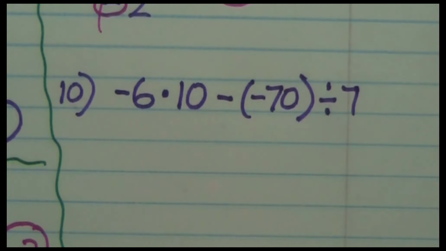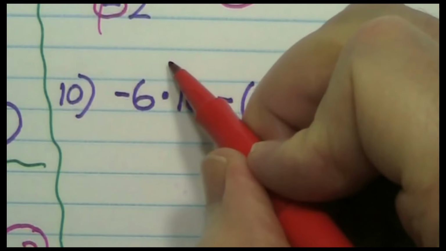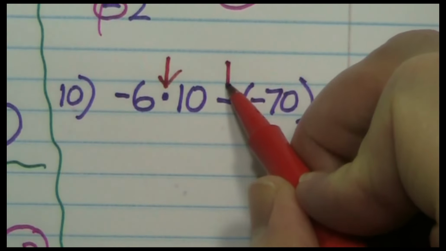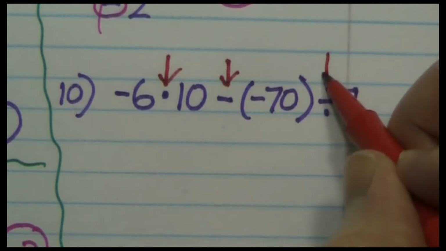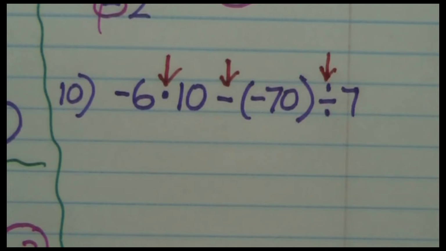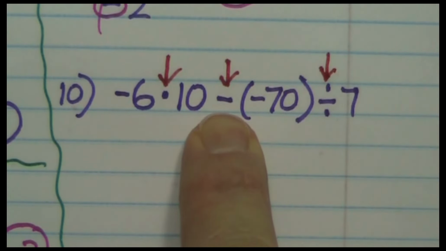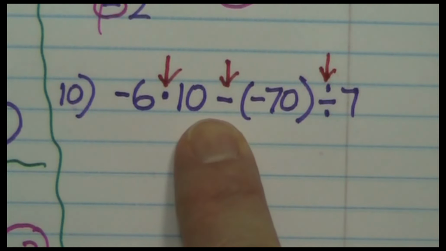Okay, if you notice, there are 3 operations. There's multiplying, this is subtracting, and this is dividing. And you're saying, well, wait a minute, how do I know that's subtracting and not negative? Well, look, this number is negative, so this has to be subtracting.